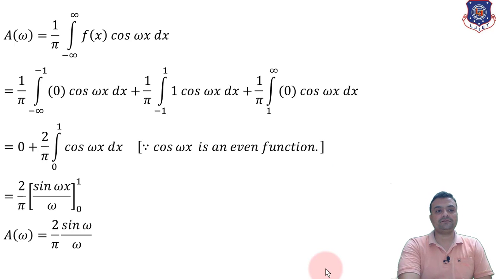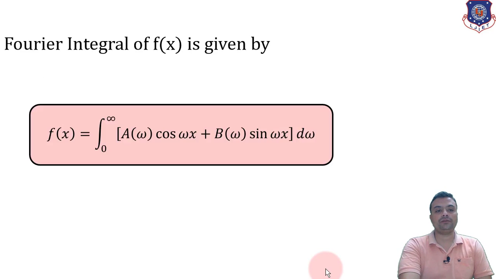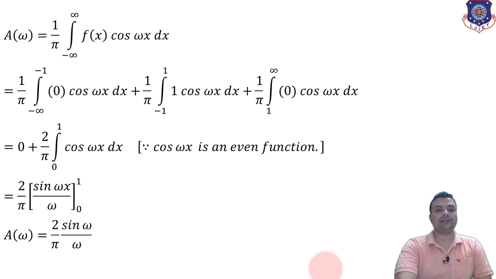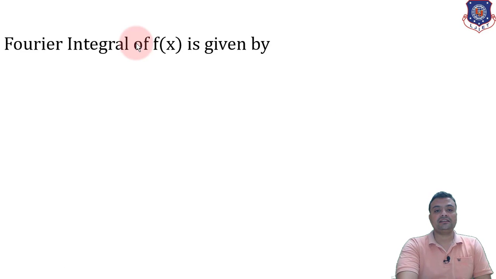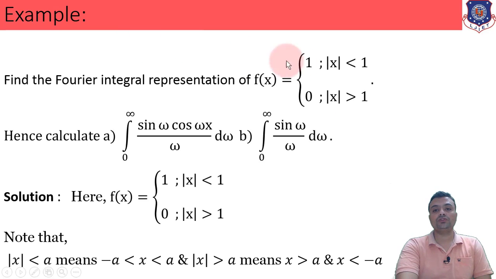Let us consider the value of A(omega). So it is 1 upon pi, integral from minus infinity to infinity of f of x cos omega x dx. Now, we know that our given function is divided into three parts: minus infinity to minus 1, minus 1 to 1 and 1 to infinity.